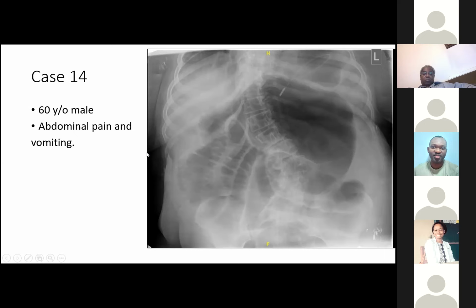Now, in terms of this case, the clues that this was cecum were, you've got small bowel distension. If you look on the right side of the abdomen over here, you're not really appreciating your cecum. You're not seeing any haustra, because in a normal patient, you would be seeing large bowel in this location.